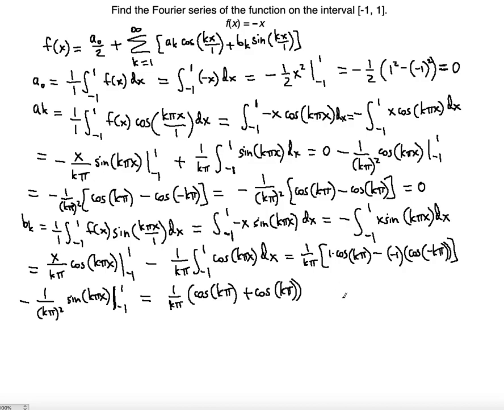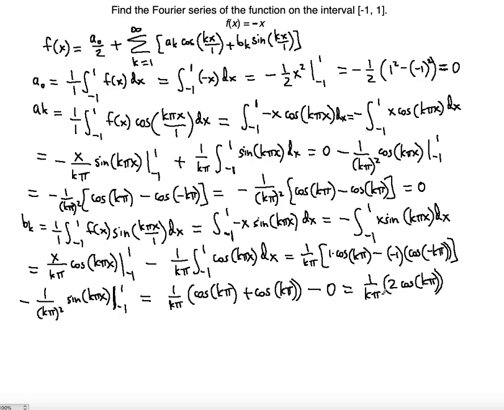And this whole thing is 0. Right? As was discussed here. So now this is the only non-zero. So that's going to be 1 over k pi, 2 cosine k pi over k pi.